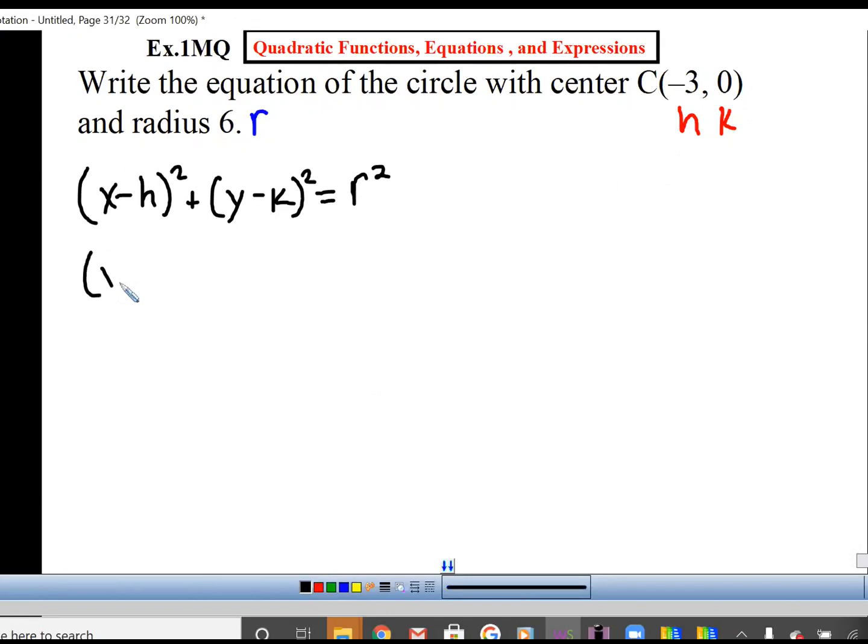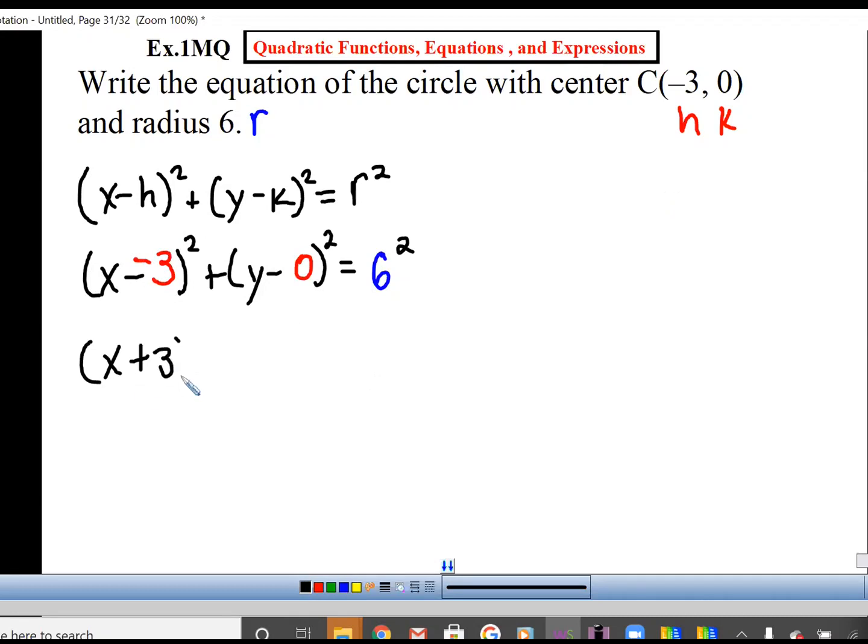From there we rewrite this, x minus parentheses squared plus y minus parentheses squared equals blank squared. So our r is 6 on the right side of the equation. Our h is -3, so I write -3. Our k is 0.